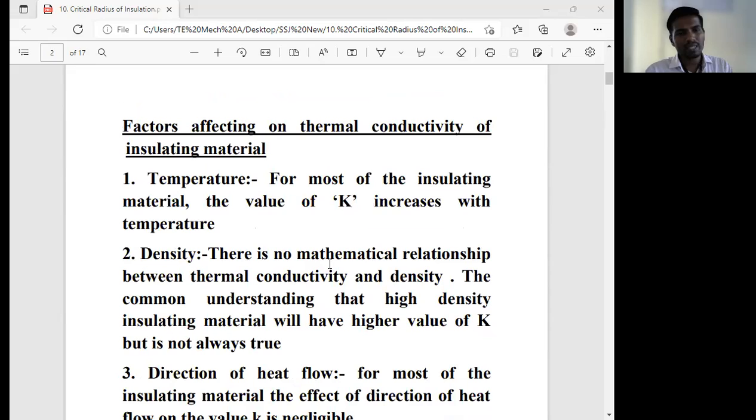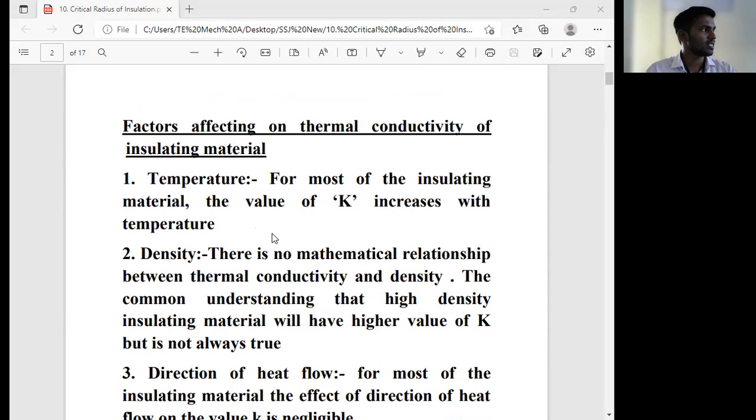What are the different factors affecting the thermal conductivity of the insulating material? There are different factors affecting the thermal conductivity of that particular insulation. First one is temperature. For most of the insulating materials, the value of K increases with temperature.